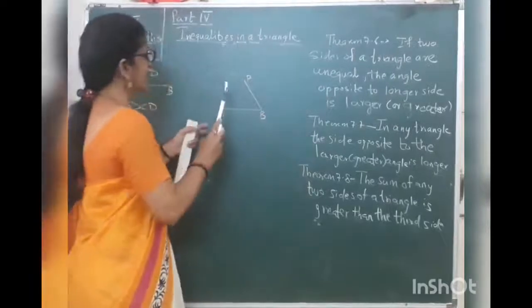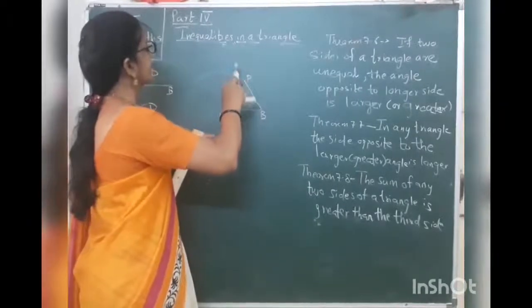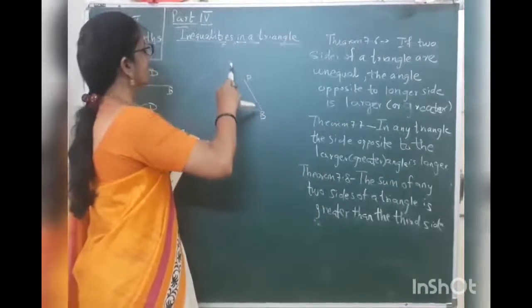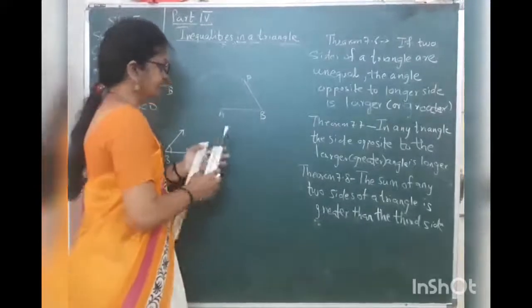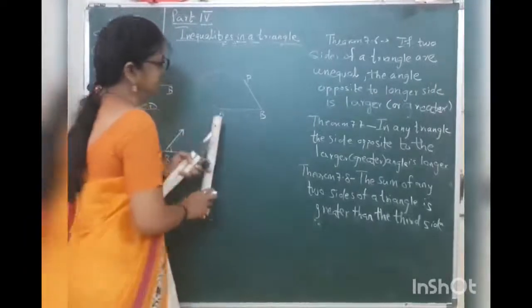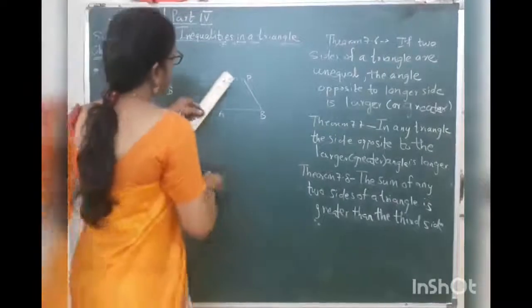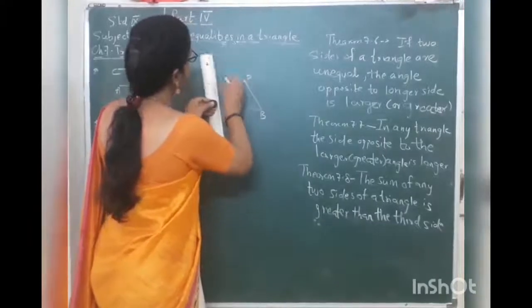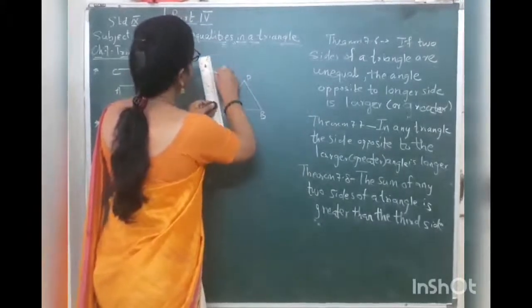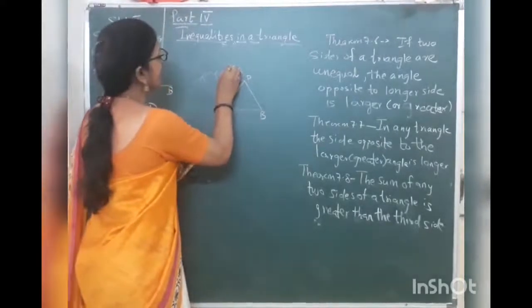Now we'll take different points at different distances. Suppose this point. Now we will join these. Label these points P, Q, R, S, T.